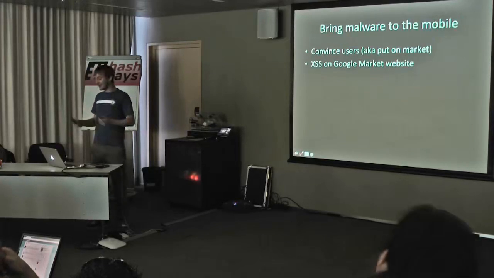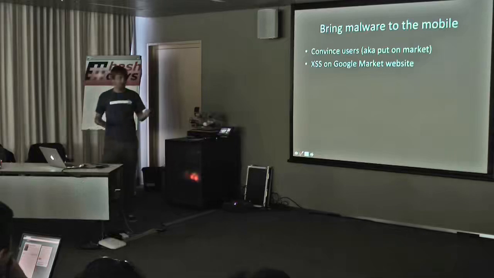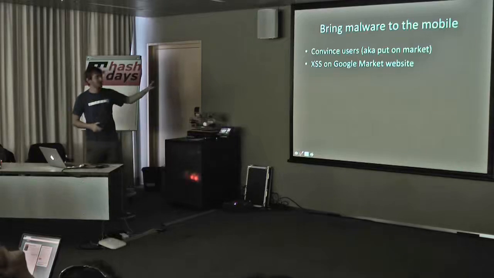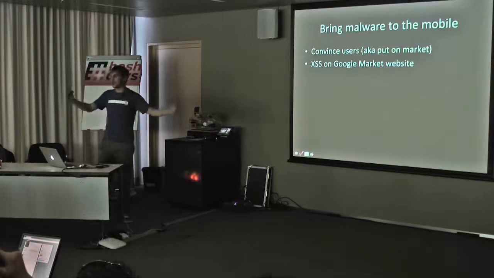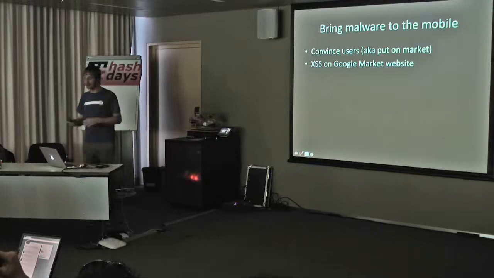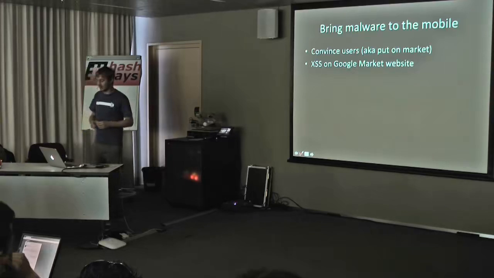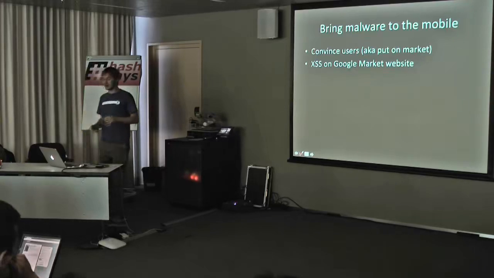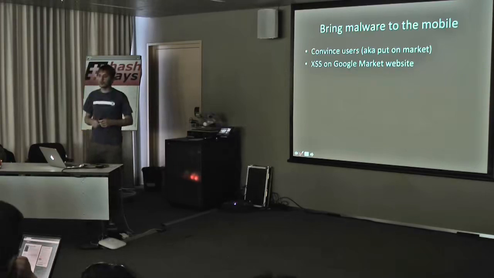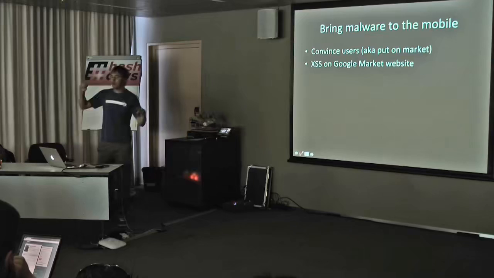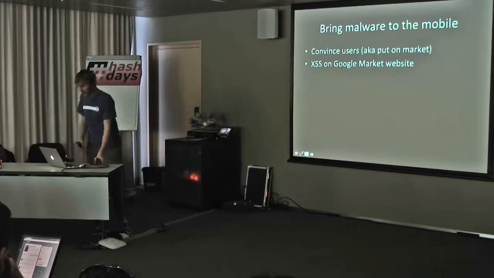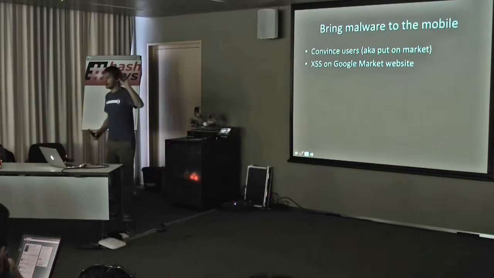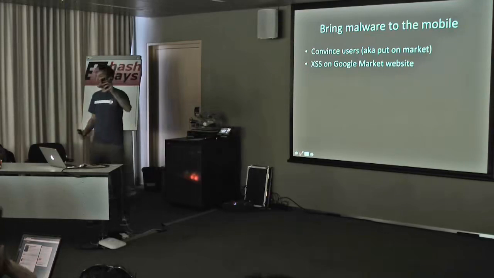Okay, if you want to bring malware to the mobile, as I said, the easiest thing is just to convince the user, or just put it on the market. Somebody will download it. Another thing which John Oberheide found out is that a cross-site scripting on the Google Market website is also sufficient. On Android, you basically have two options to install apps. First, you take your mobile, open the Market app, and say please install that app, and it will install it.